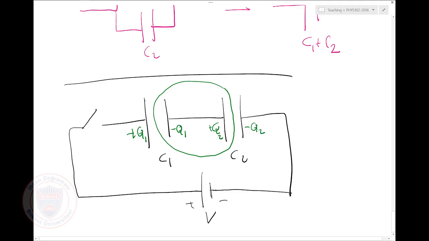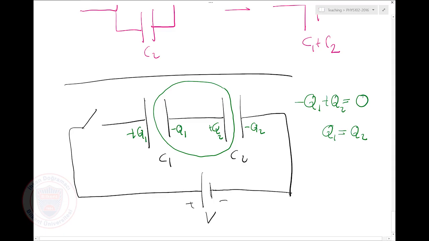But can the net charge inside this surface change? Not unless electrons are flying over the air, which we don't think they are doing. Okay? So minus Q1 plus Q2 must equal 0, which means the charges of the capacitors in series must be equal.